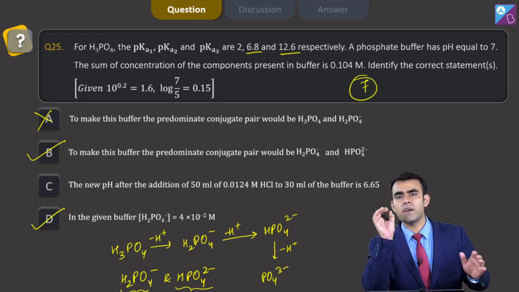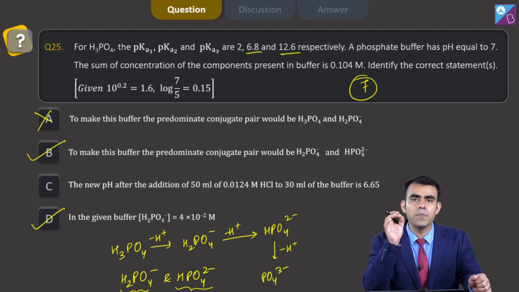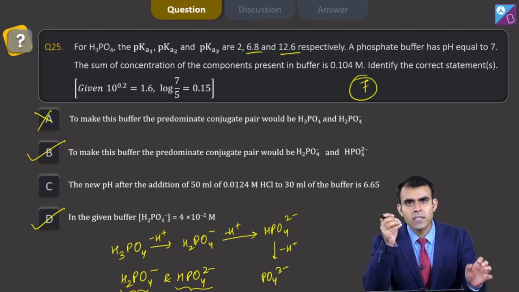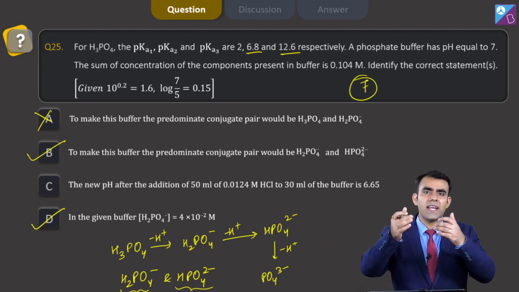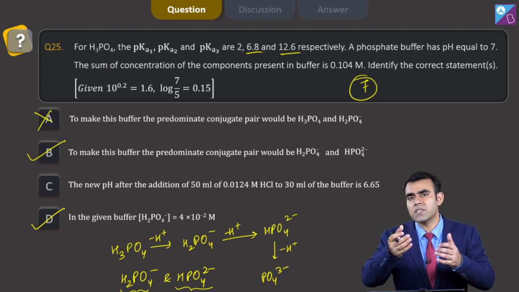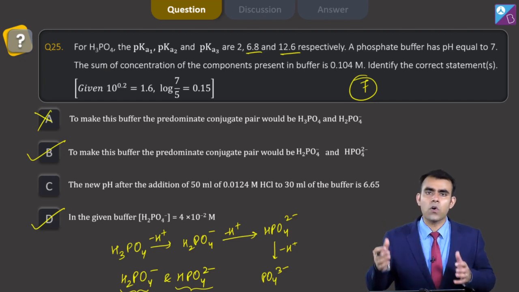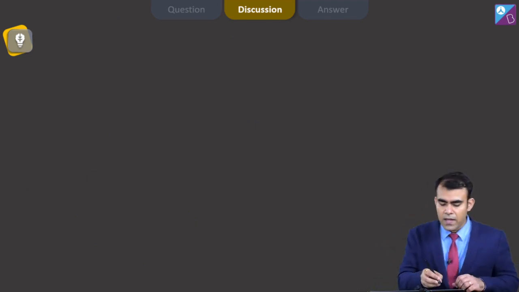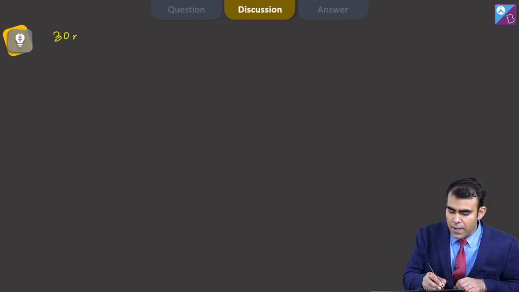So what we have to do here, first we will calculate the number of millimoles or moles of HPO4 2 minus and H2PO4 minus, and then we will add H plus and see how the concentration is changing. So here initially I have 30 ml of buffer.